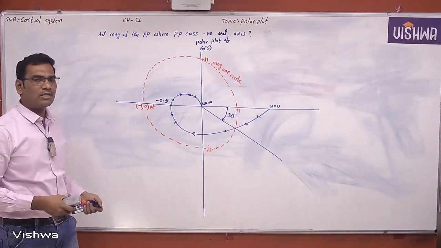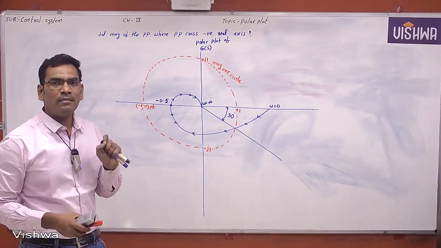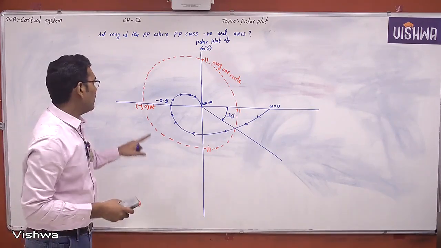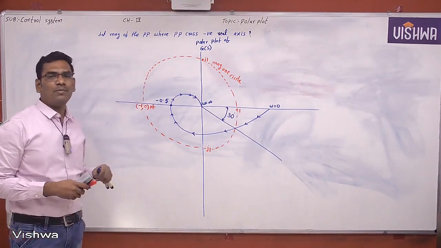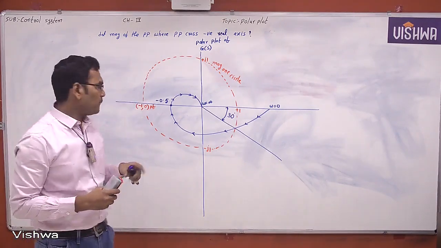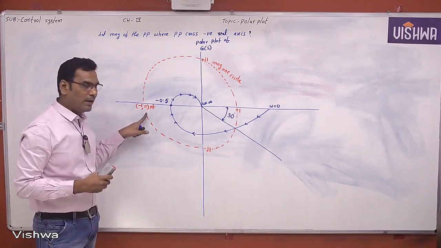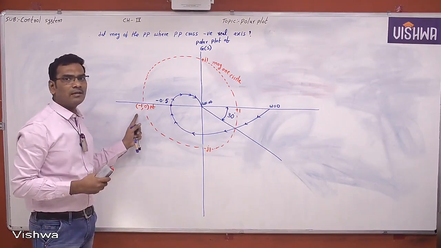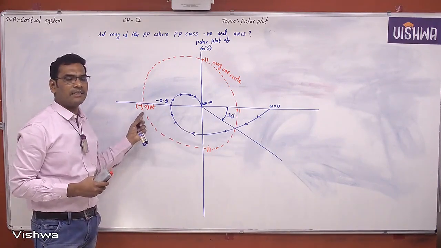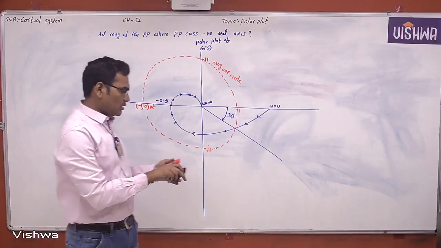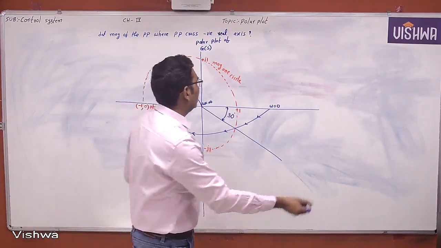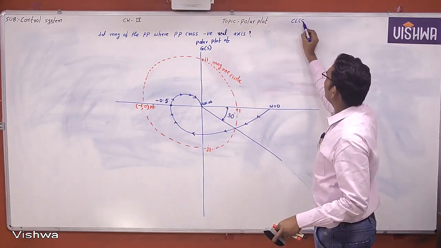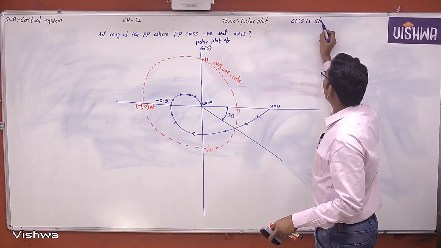Remember, students, one shortcut method: if the -1 comma 0 point is not enclosed by the polar plot, definitely its corresponding closed loop control system is stable. Understand or not? This is the polar plot direction, this is right hand side, this is left hand side, not enclosed, so the closed loop control system is stable. I am writing the answer directly.